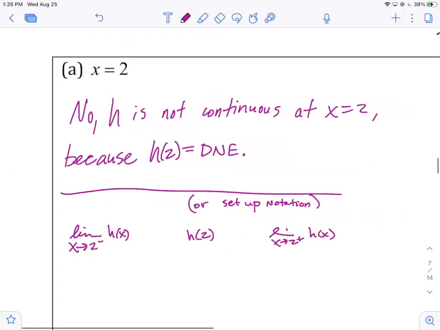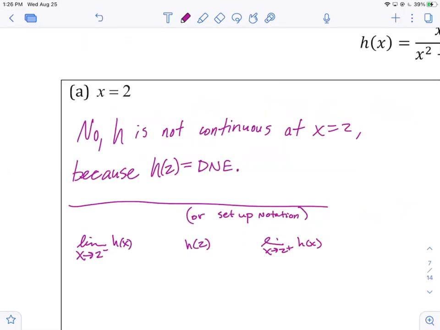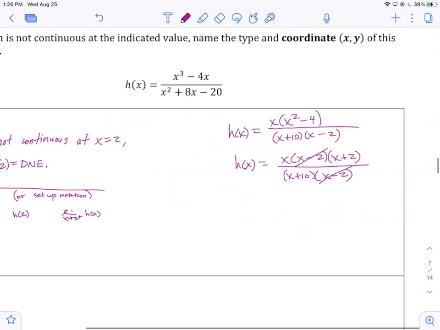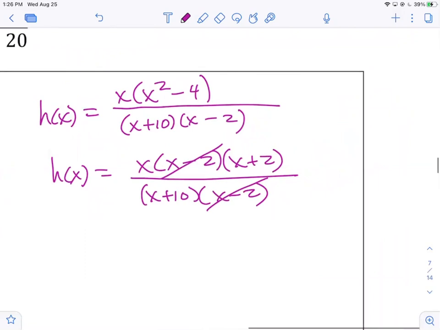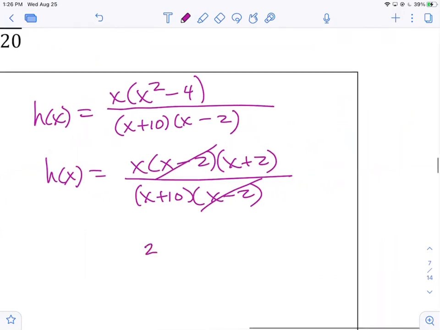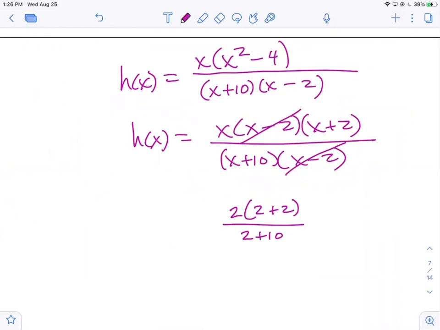Now, any one of these, let's see, what would be the limit from the left? Well, this is where you go off to the side and factor. Just for kicks and giggles, let's figure that out. If I plugged a 2 in to everything that's left, I'm going to get 2 times 2 plus 2 all over 2 plus 10. Can I call that h of 2 since I'm plugging a 2 in?